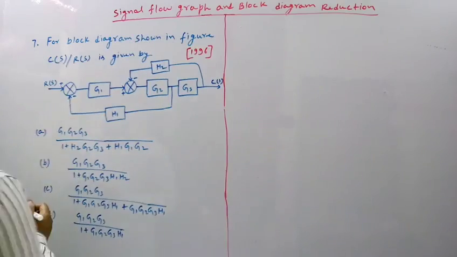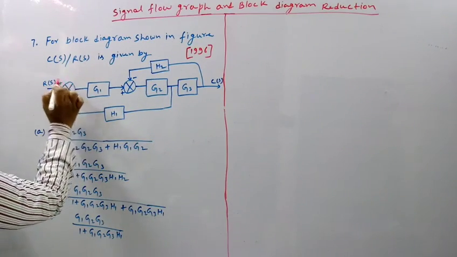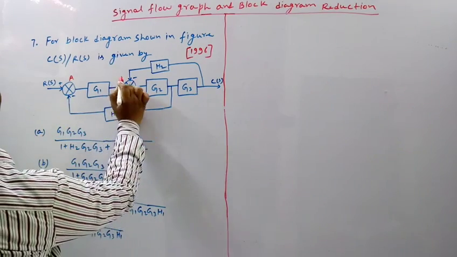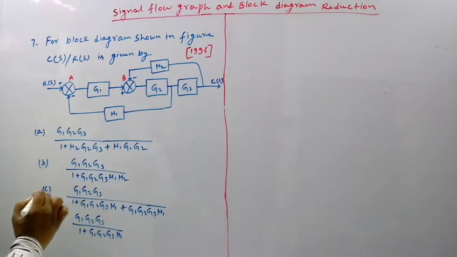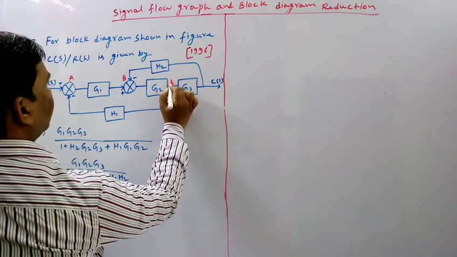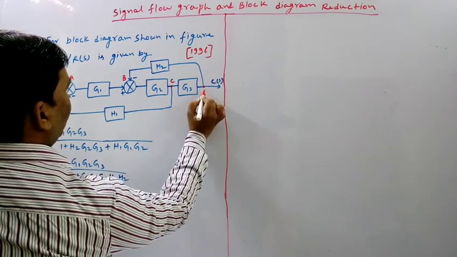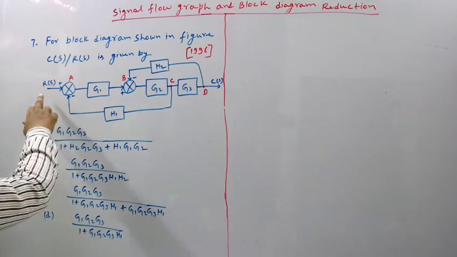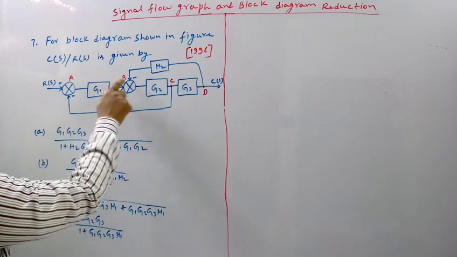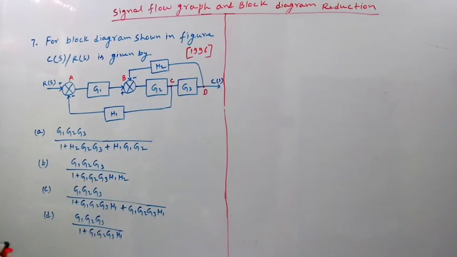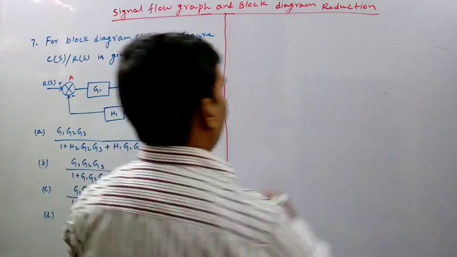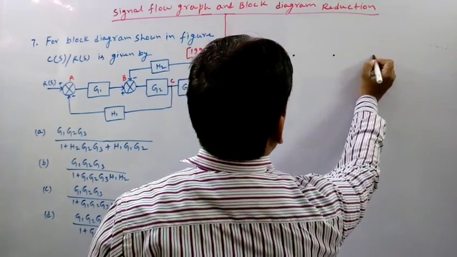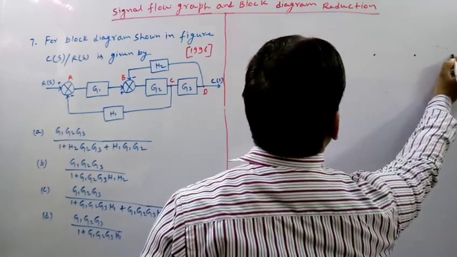So let us name the first summing block as A. The second summing block as B. This takeoff point as C, and this takeoff point as D. So now we have denoted, there are total 6 points. So let us denote here the 6 points: 1, 2, 3, 4, 5 and 6.